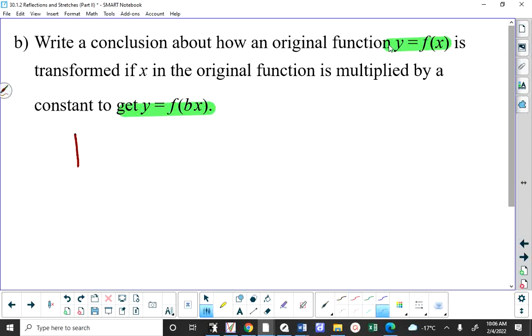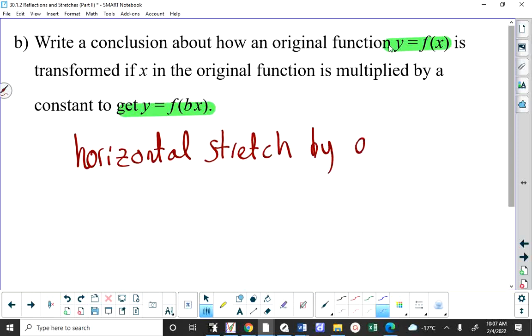That there's a horizontal stretch by a factor of the reciprocal of the absolute value of b, for the same reason that I did with the absolute value of a. That reason being we don't want to have negative stretch factors.